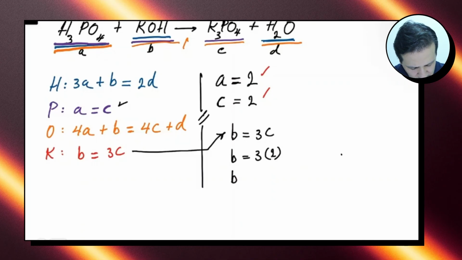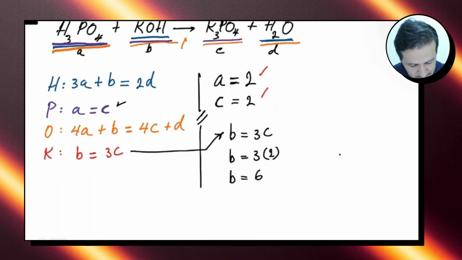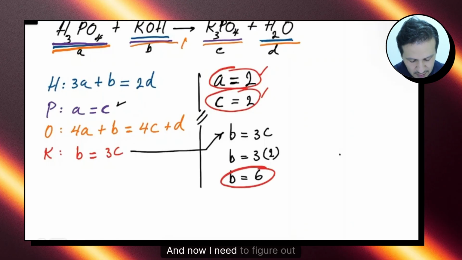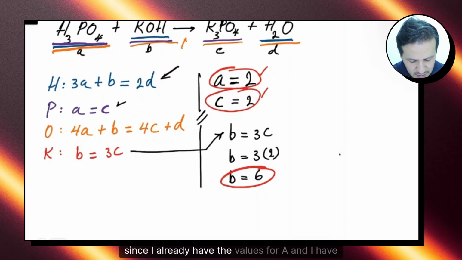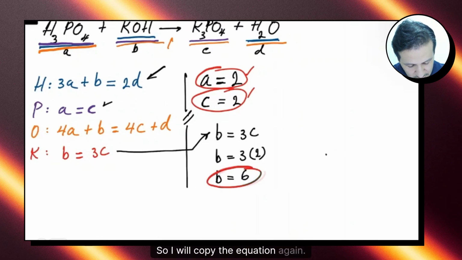So B equals 6. I have B, I have A, I have C, and now I need to figure out another letter, which is D. For D, I can use this equation since I already have the values for A and B. So I will copy the equation again.